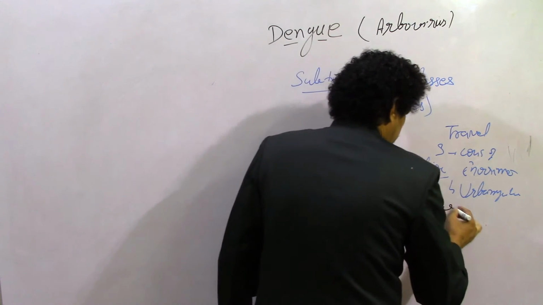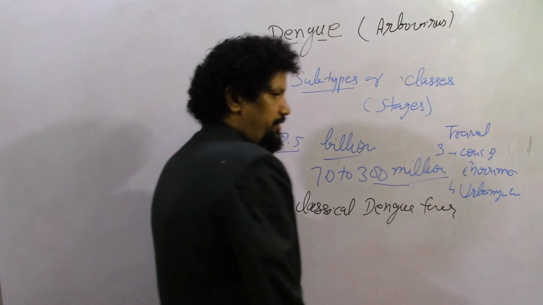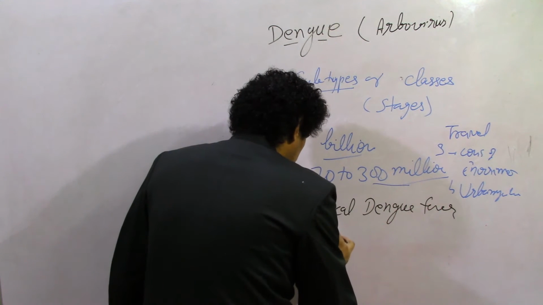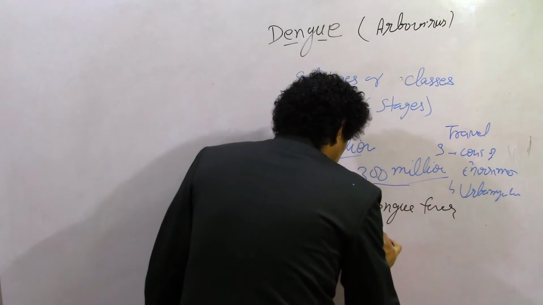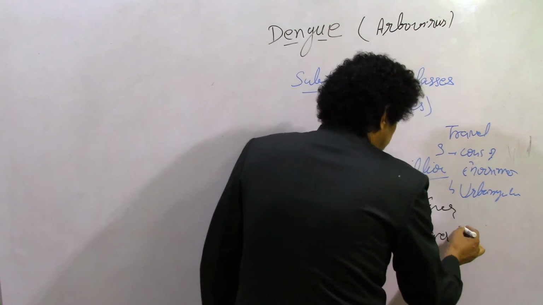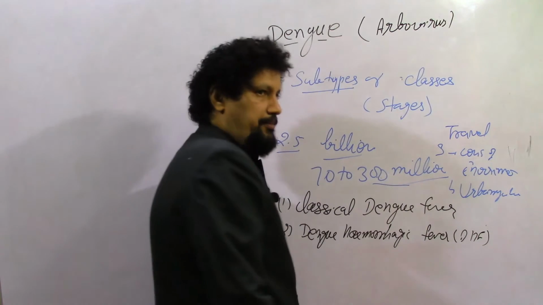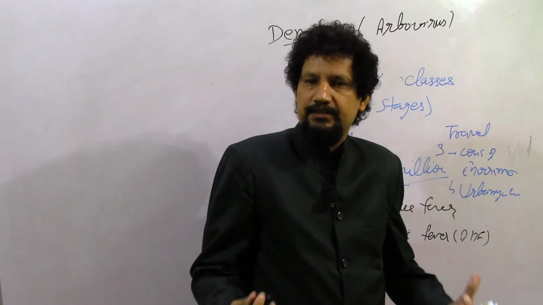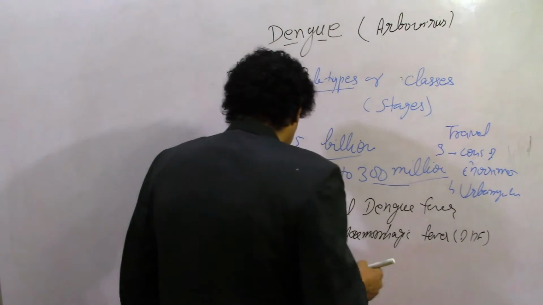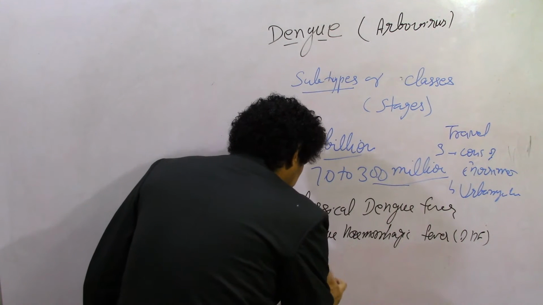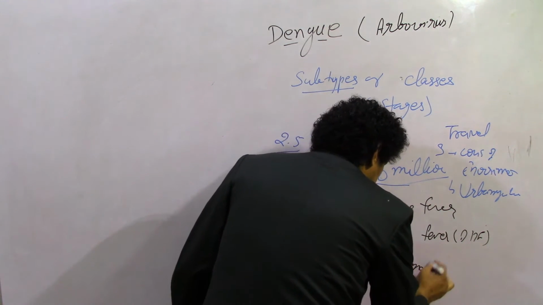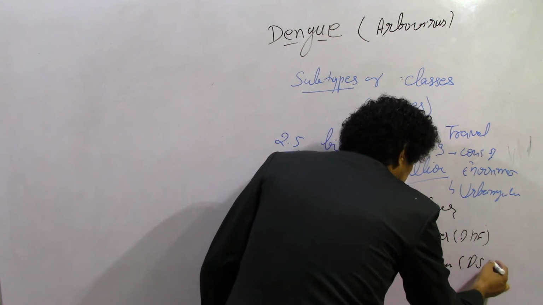dengue hemorrhagic fever, DHF, or it may be a very fatal disorder with signs and symptoms of cardiac failure and kidney dysfunction or kidney injury, dengue shock syndrome, known as DSS.